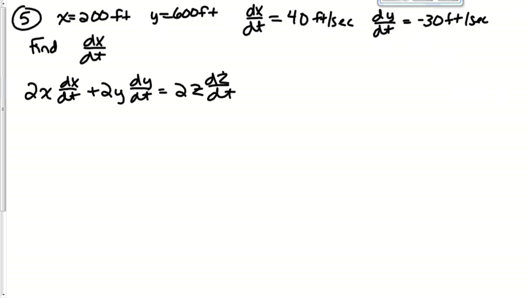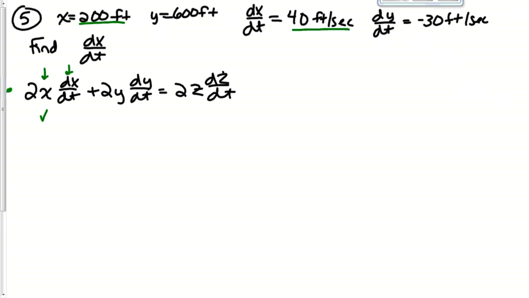Now over here, I'm going to draw myself a right triangle, because what I need to do first is go through and kind of do a checklist for this equation with my derivative. And do I have everything that I need? Well, 2 is a 2. That's fine. X. Do I know what x is? I do know what x is. X is 200, so I've got x. I need a dx/dt to be able to plug in. Do I have a dx/dt? I do.